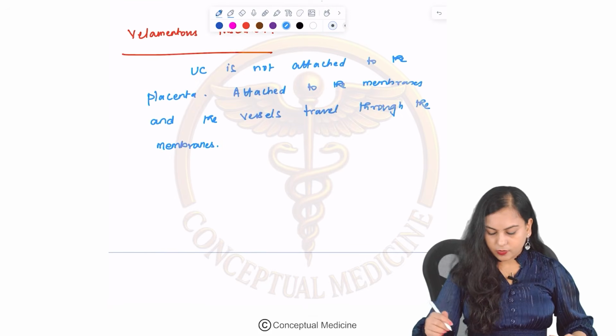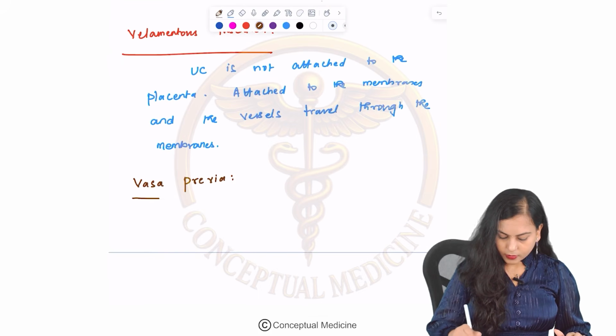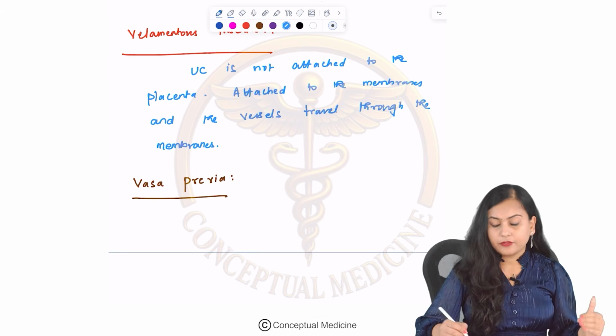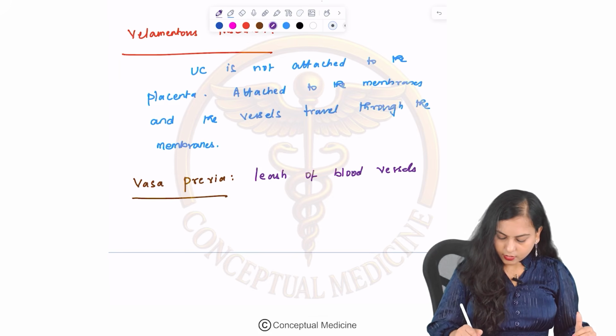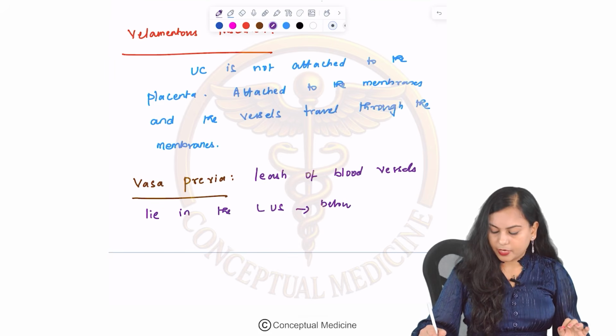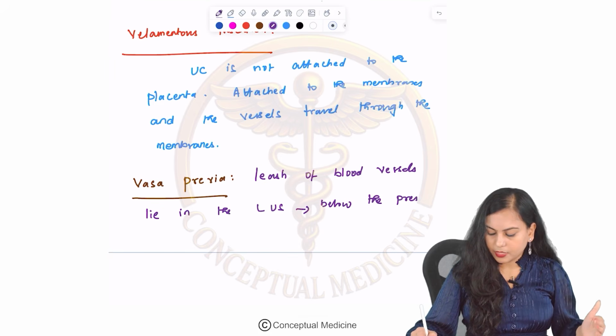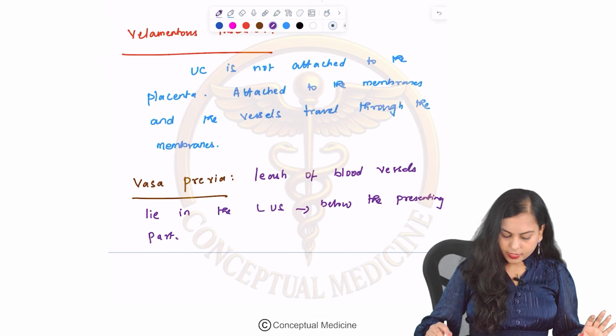And the next one is Vasa Previa. Here you have a leash of blood vessels that lie in the lower uterine segment below the presenting part, whatever may be the presenting part. Below the presenting part, these vessels are seen.